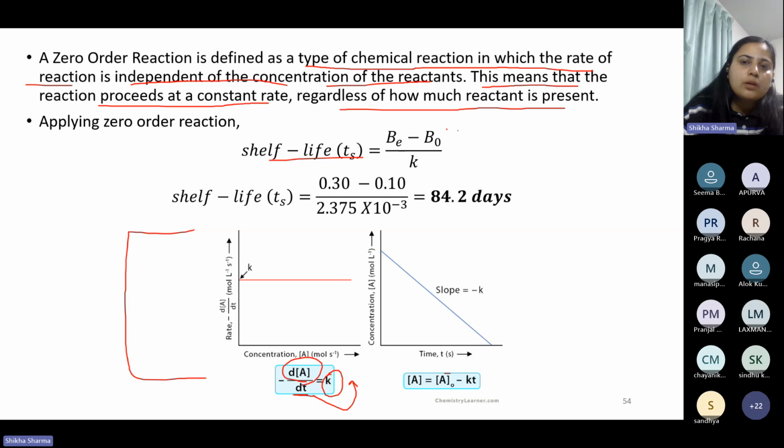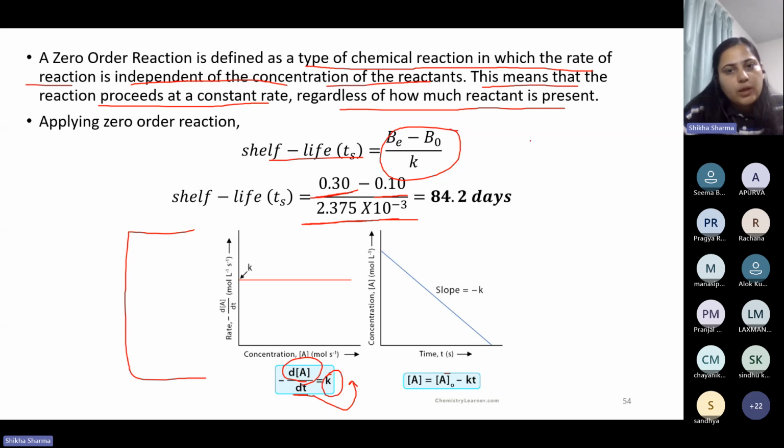BE minus B naught, which is the change in the OD, divided by the K value, which is the rate constant value. So BE, which is the final OD, is 0.3, initial is 0.1, divided by K, the rate constant, which is 2.375 into 10 to the power minus 3.